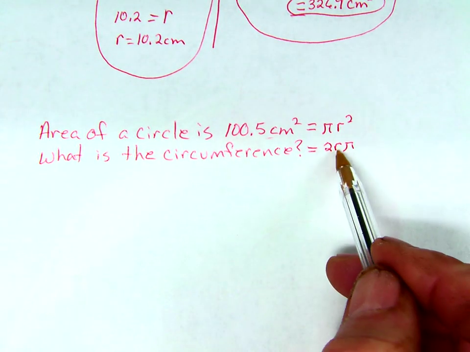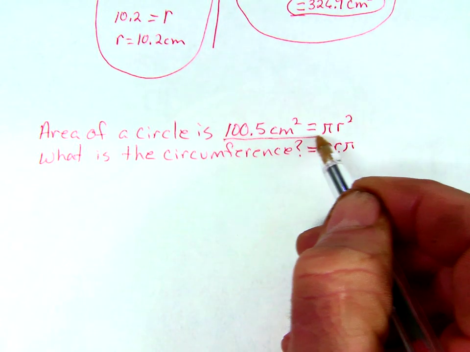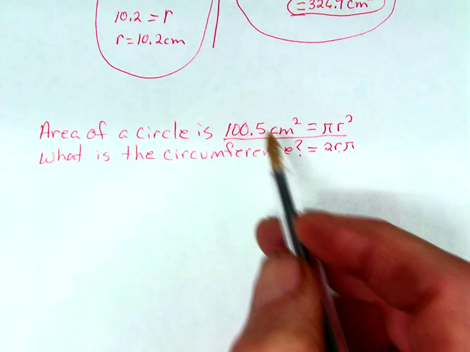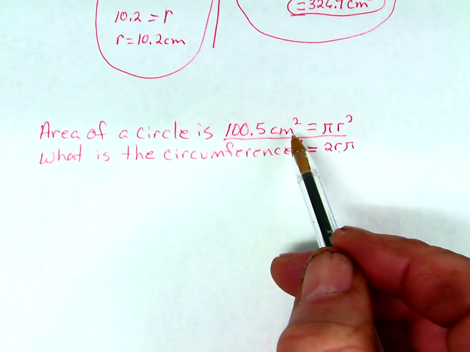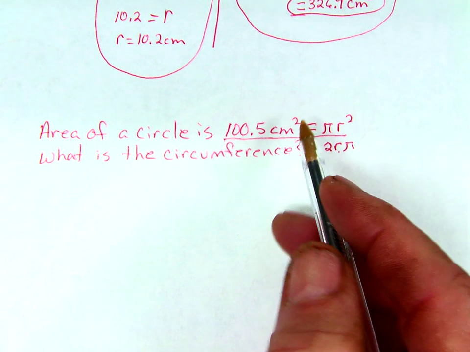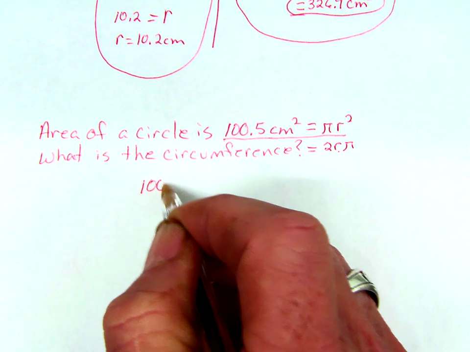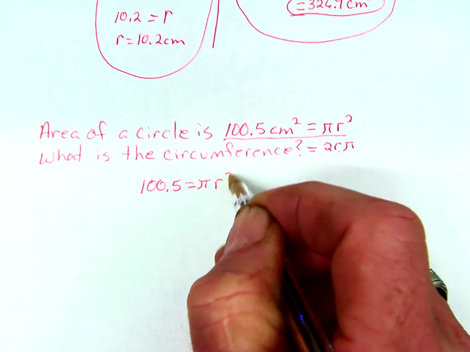I need this value right here. I need r, and here's what I'm going to use to get it. I'm going to solve this equation. Now when you're working to solve, you leave the centimeters squared off. So 100.5 equals pi r squared.